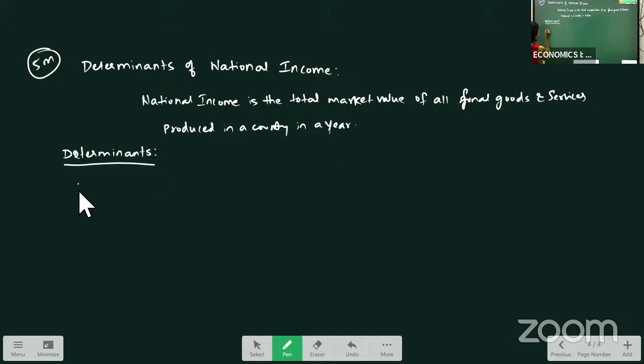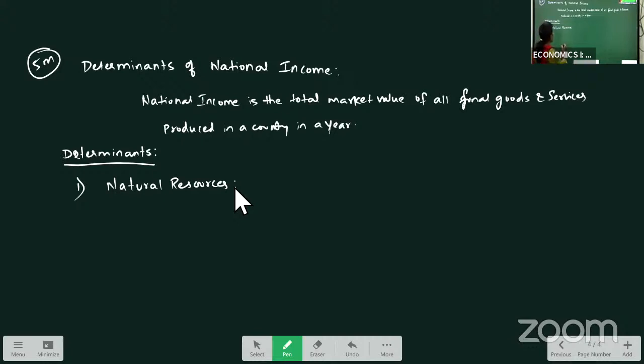So the first determinant is here natural resources. So availability of natural resources. Okay, so here the availability of natural resources such as its climatic conditions, soil, geographical features, fertility, mines and all influence the size of national income.